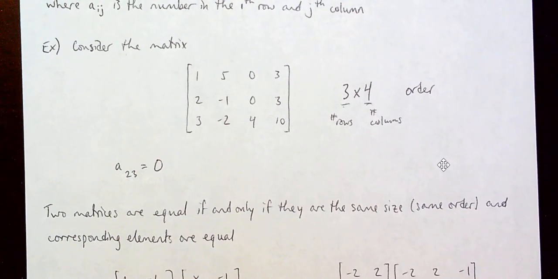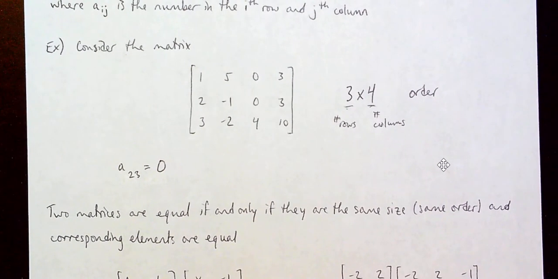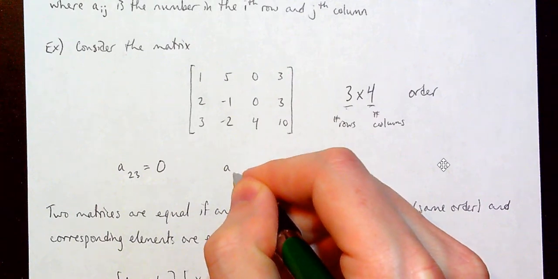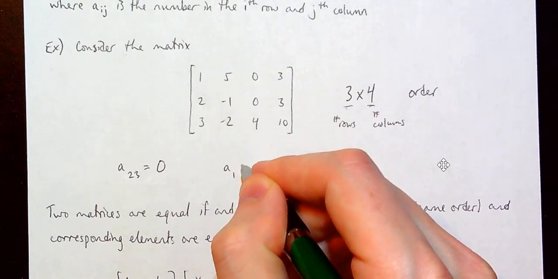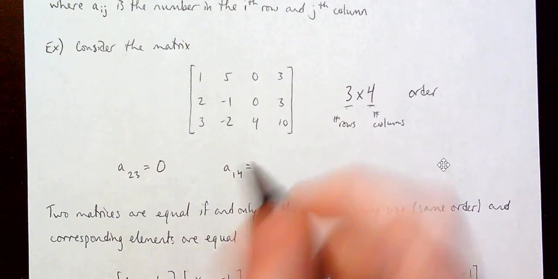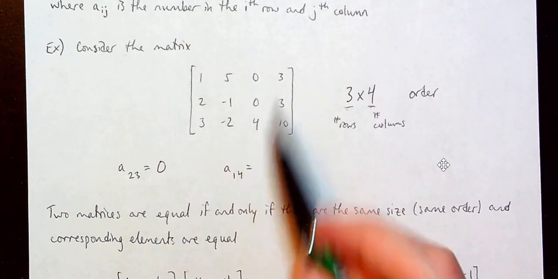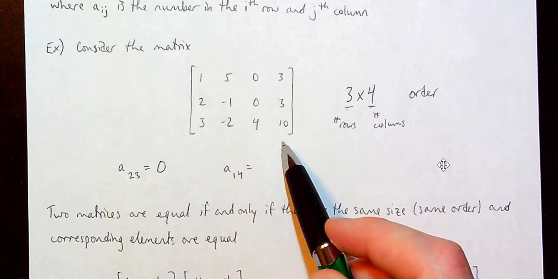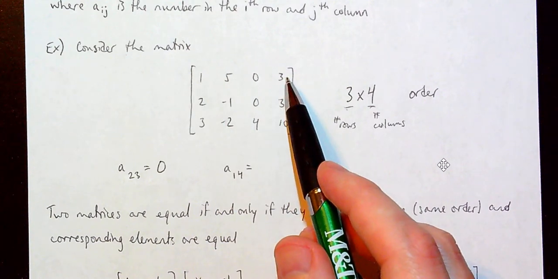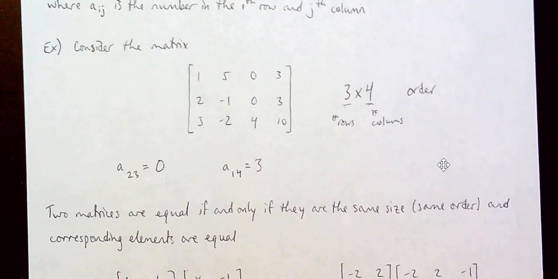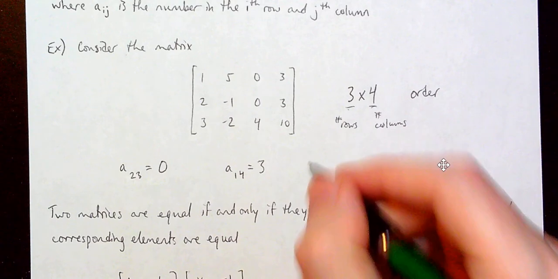So that is A sub 2,3. If I wanted A sub 1,4, well, this is the element of our matrix that's in the first row and the fourth column. So what number lies in both those things? That 3 there. So that's going to be A sub 1,4.